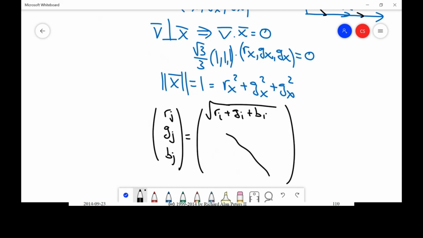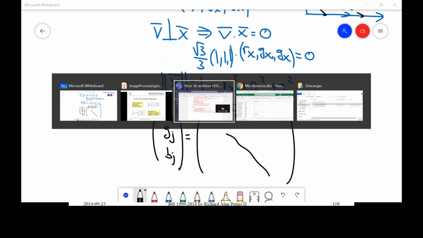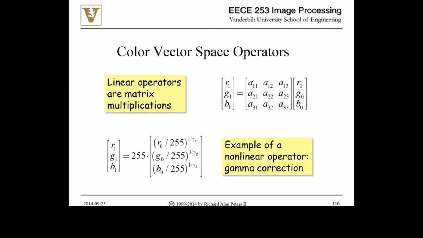To compute the red, you may mix the input channels, or you may not mix them. Here in the example, this is not mixing channels, so the red of the output is computed only using the red of the input. But here we are mixing the channels: to compute the red, we are mixing the red, green, and blue channels. This is a linear mixture. This is non-linear; in this case we are not mixing, but it is a non-linear transformation.